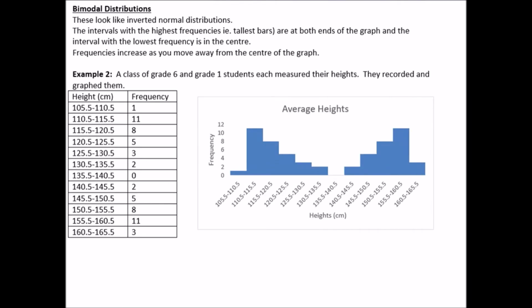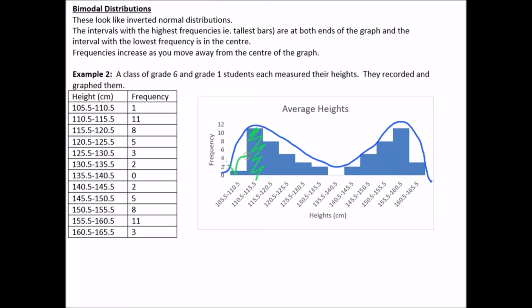Now, bimodal distributions look like inverted normal distributions. The intervals with the highest frequency, or the tallest bars, are at both ends of the graph. So it may look like this and then go back down. The highest ones are at each end.